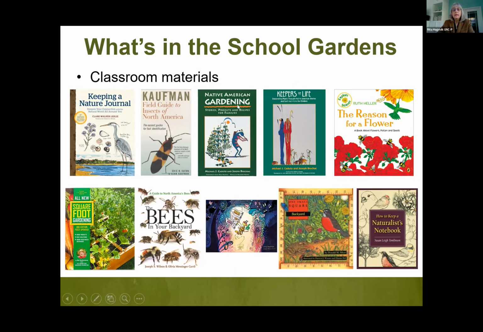And then Native American Gardening and Keepers of Life are also reference books for the teachers. Of course, field guides, and then books that will help the teachers to do the teaching to the students in their classroom. So there are both kinds, reference books and books to use with the students.